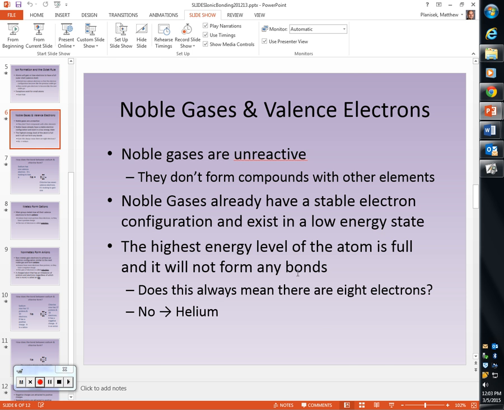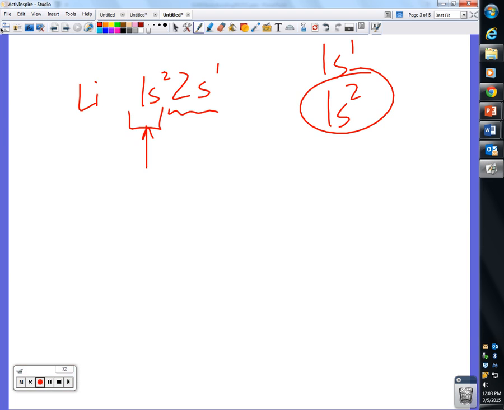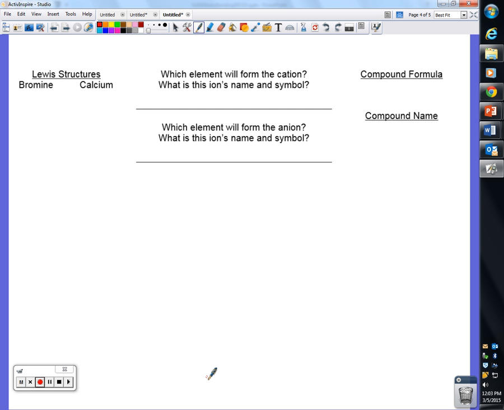All right, let's do this. Going back to practicing a little bit more, let's go here. If you were writing this on the back of your outline, this might be a good place to pick up the next one. All right, bromine and calcium. Find them on the periodic table, because that's got to be first.